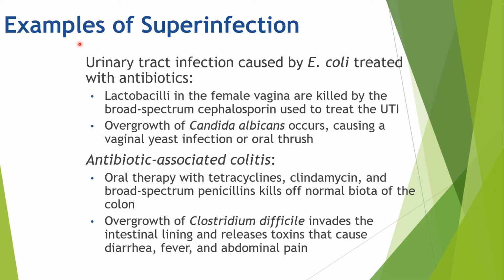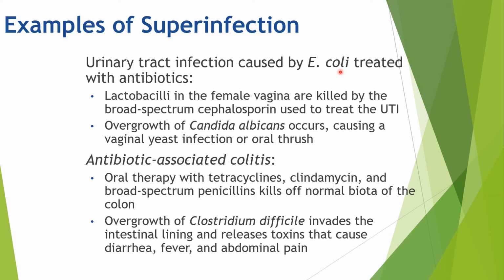If we take a look at some examples of superinfection, let's say that there's an individual who has a urinary tract infection caused by E. coli. Now, E. coli is a gram-negative bacteria. So what's a good narrow spectrum antibiotic that can target gram-negative bacteria? For example, polymyxin.